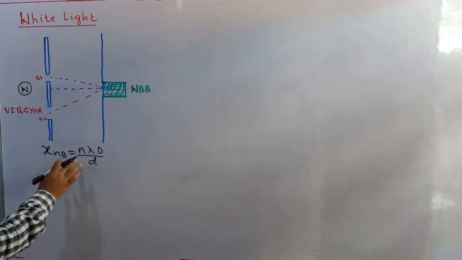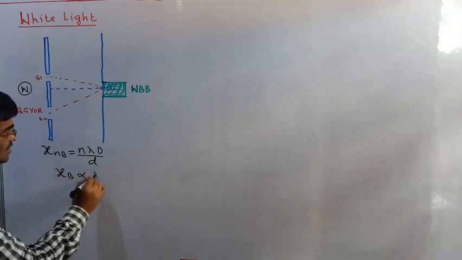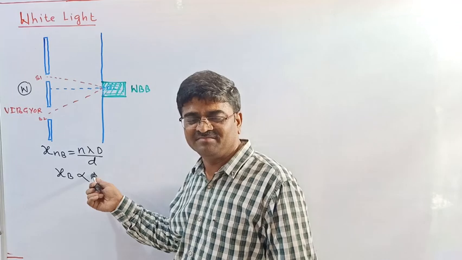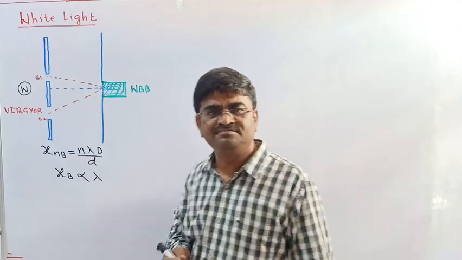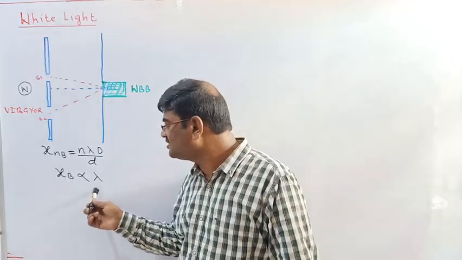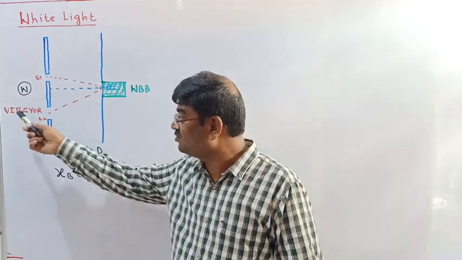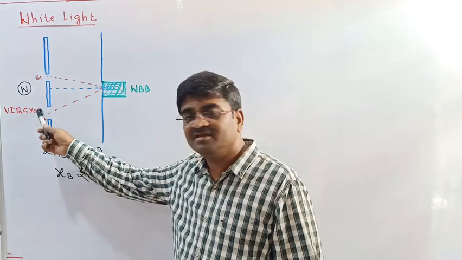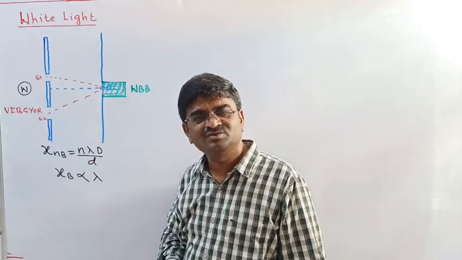The point to be noticed here: the location of a bright band is directly proportional to wavelength, because for all the colors, D and d are the same, being dependent on the setup. So what is left is lambda. Violet color is of least wavelength. Red color is of higher wavelength.